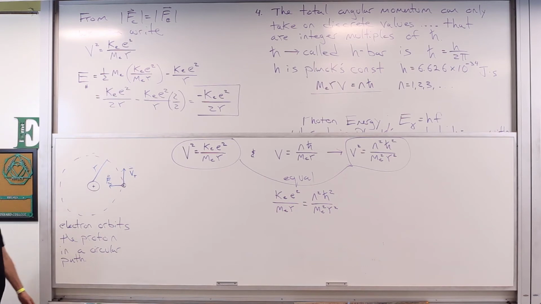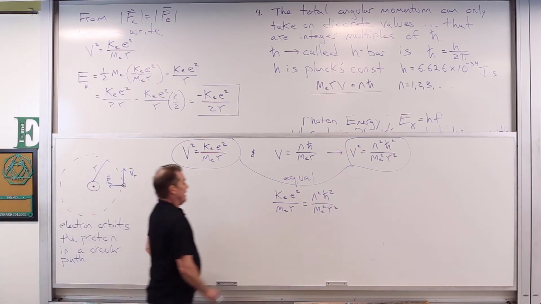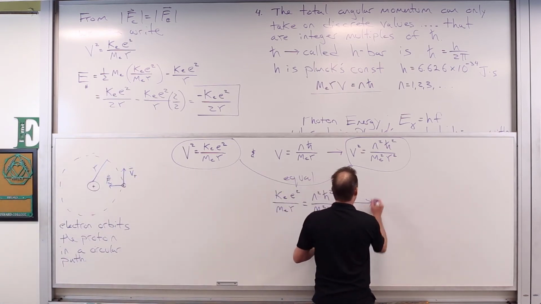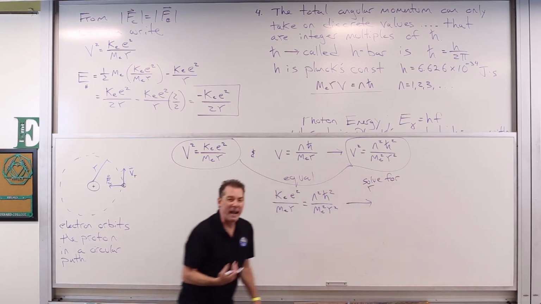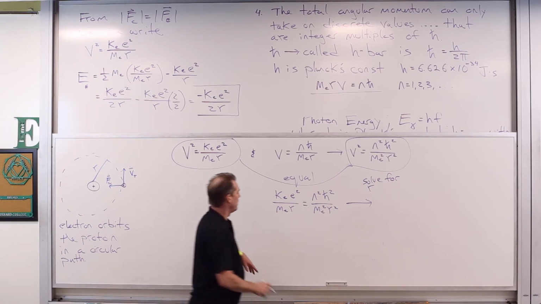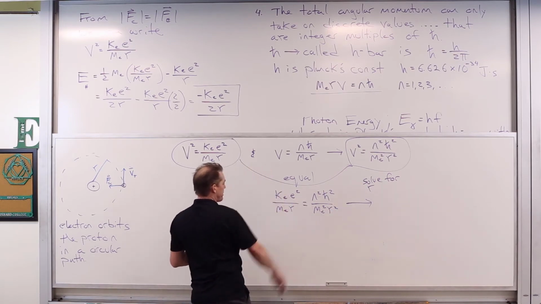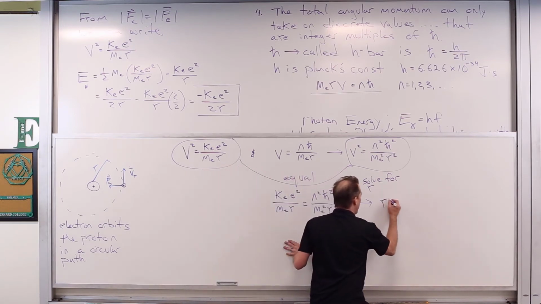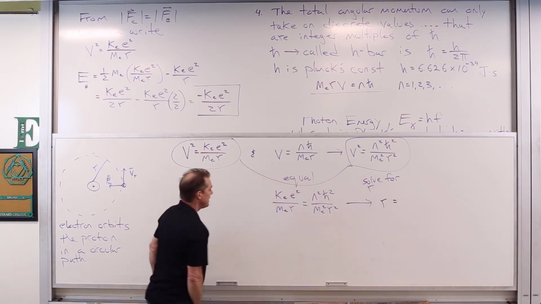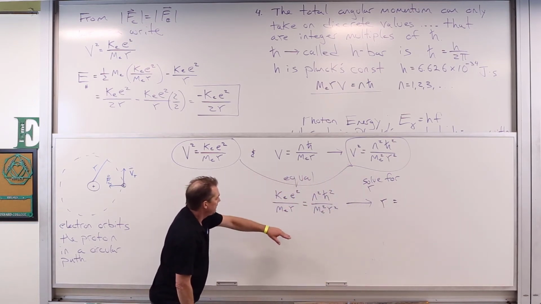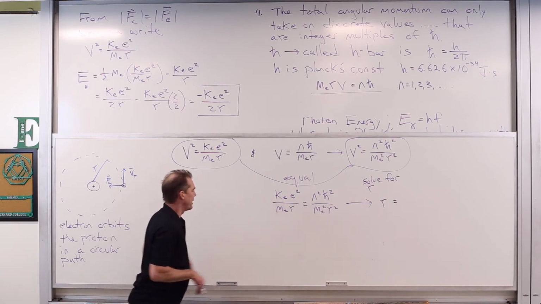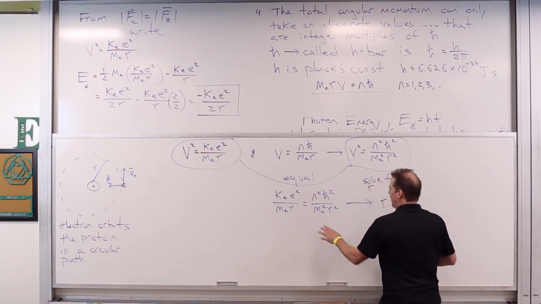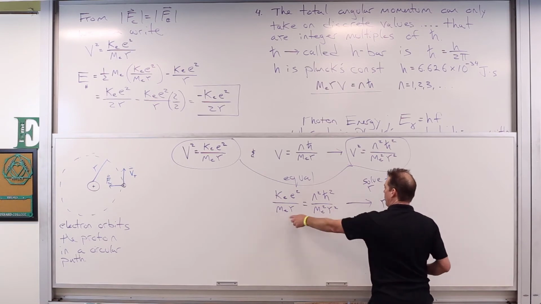What can we do with this? You guessed it, we can solve this out for r. So solving this for r, the orbital radius of the electron, we'll move this one over here. That cancels out one factor of r. We can write ourselves that r then is equal to m sub e, I don't want to do too much and mess this up. So one factor of m sub e goes away from the top.